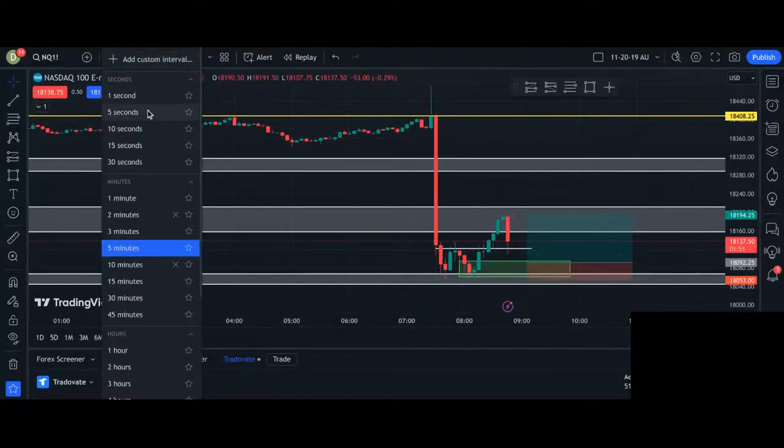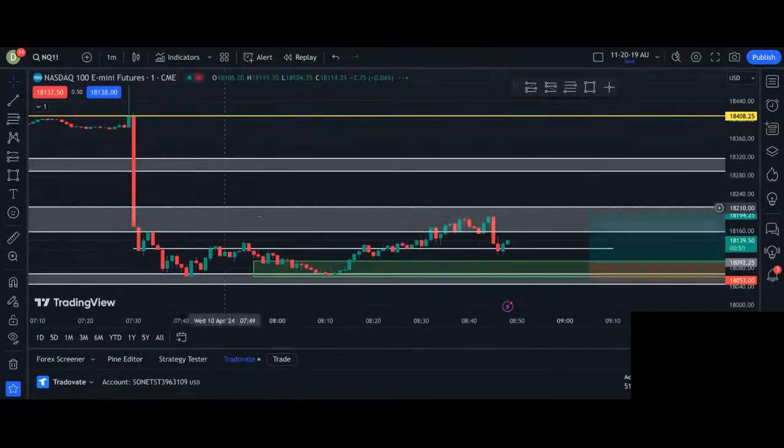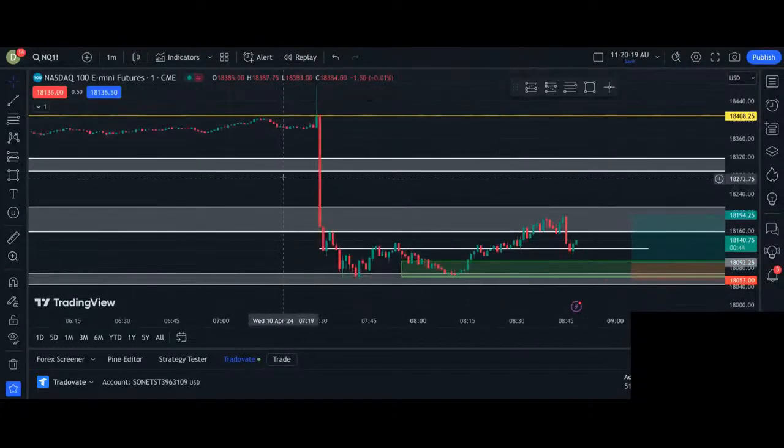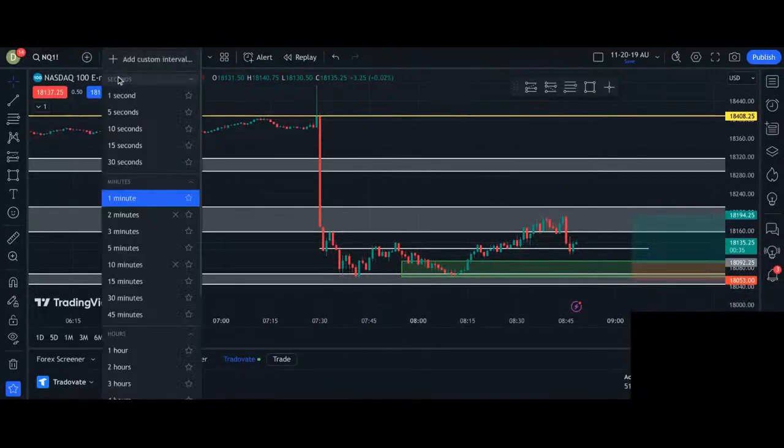Let's see what it looks like on the 1 minute. Yeah, but I just can't trust the 1 minute chart. Like all these candles are 60-second candles. I need something a little stronger.